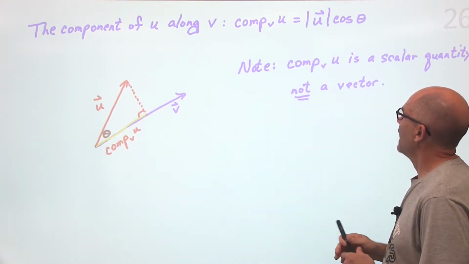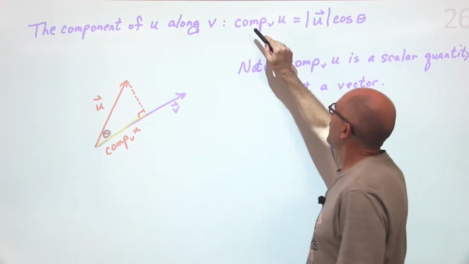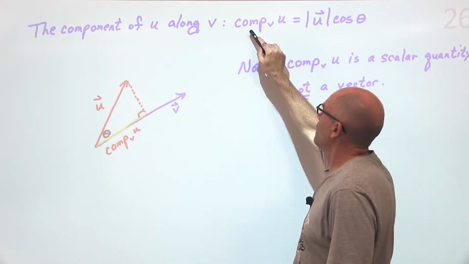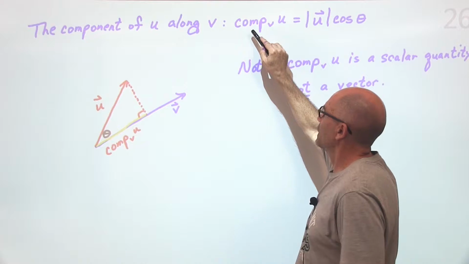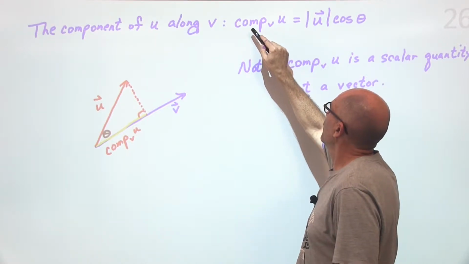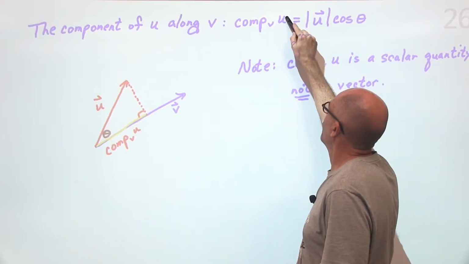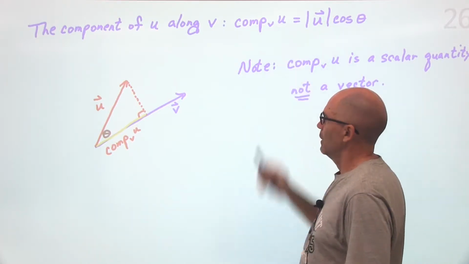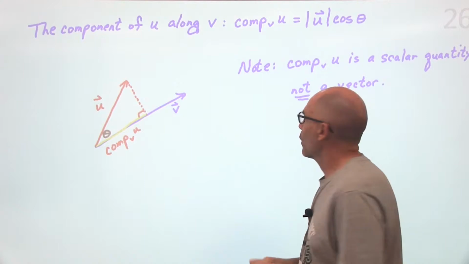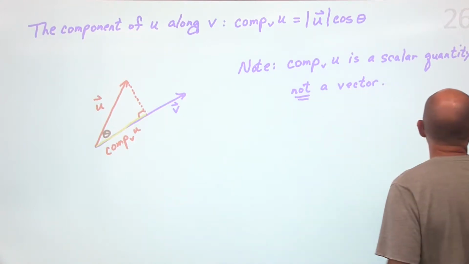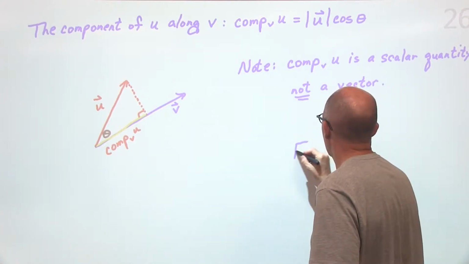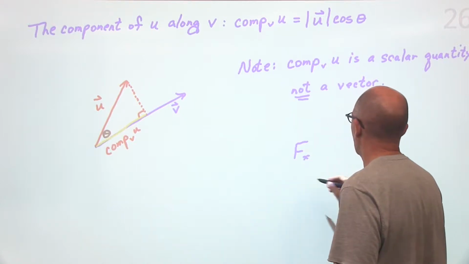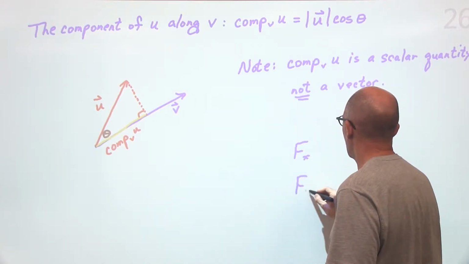Now, how do we get that? Well, first of all, the symbol that describes this is comp of u. And which direction? The v direction. If I wanted a force in the x direction, I would say force in the x direction, or a force in the y direction.